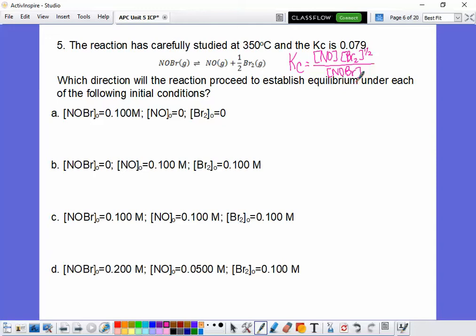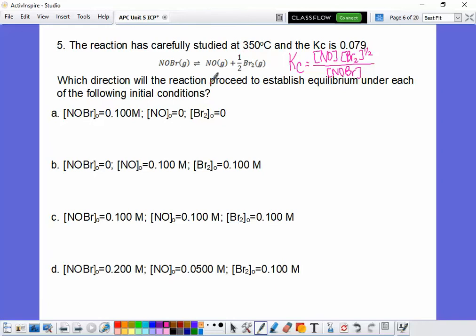Okay? All right, so we want to know which way it will proceed in order to establish equilibrium under each of the following initial conditions. So for A, we're told that we have an initial concentration of NOBr of 0.1 molar, and NO and Br2 are both 0. Okay, so we have none of my products.